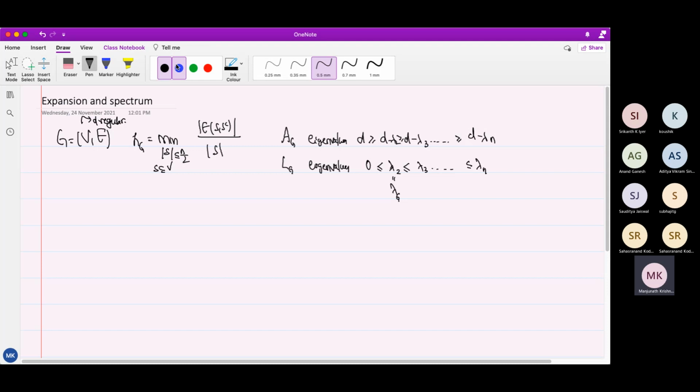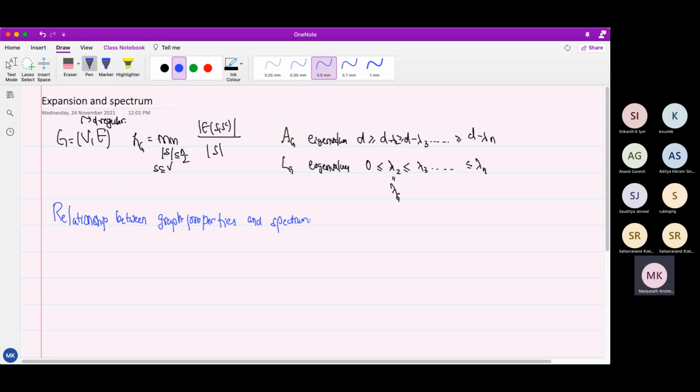So what we want to first say is that there is a relationship between graph properties and spectrum. This is one of the beautiful things in this whole subject, called spectral graph theory. It's very nice. So we will see something.